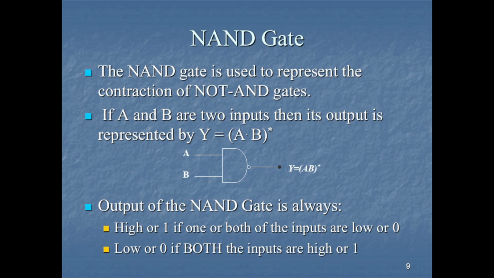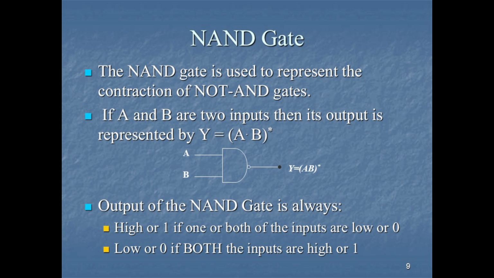The output is low if both the inputs are 1. Similarly, if both inputs are low or 0, then the output is high. So the output of the NAND gate is high if either of the inputs is low. Similarly, the output of the NAND gate is low if both the inputs are high.